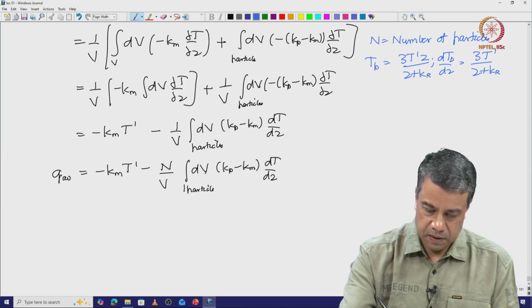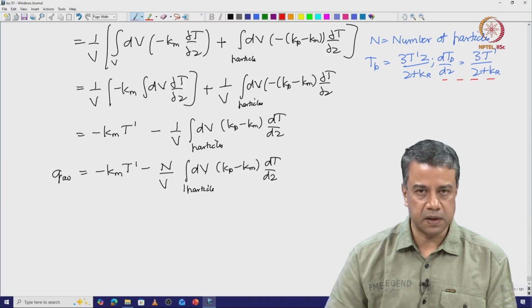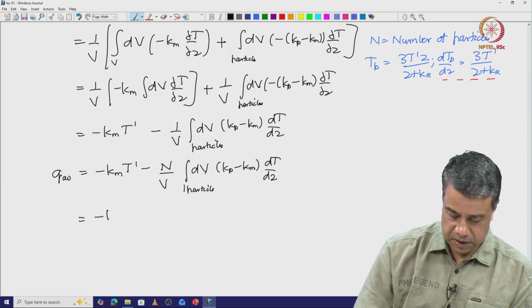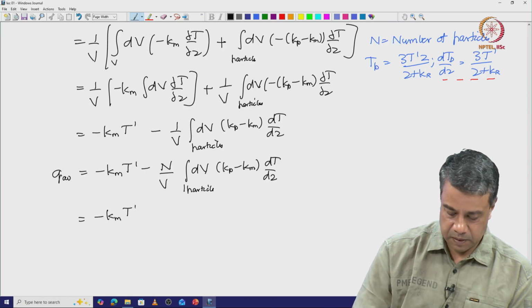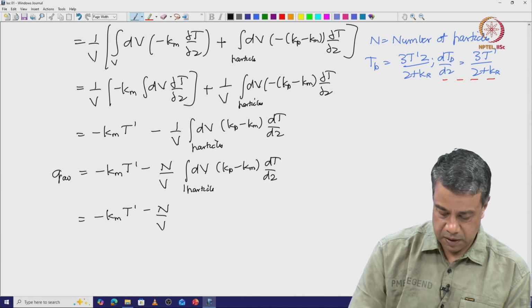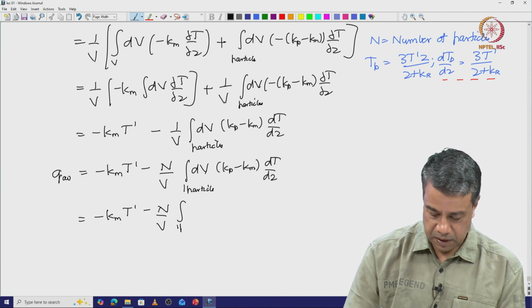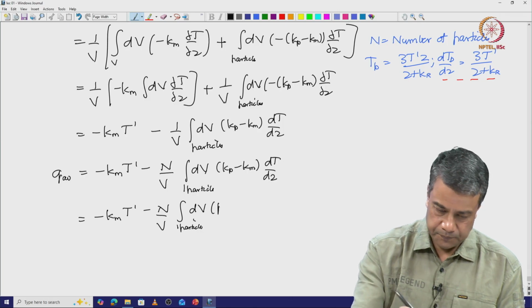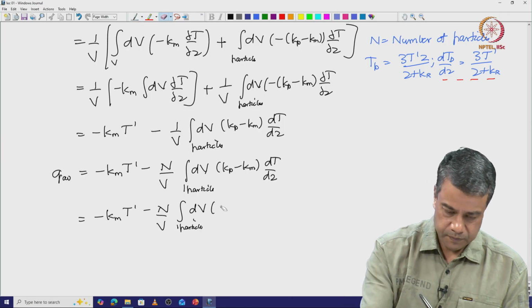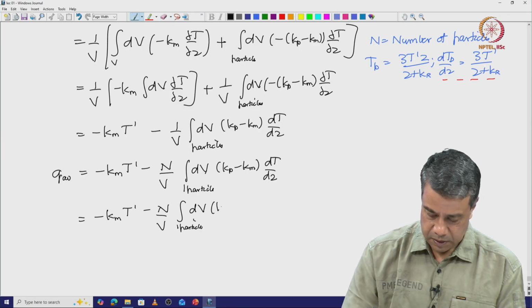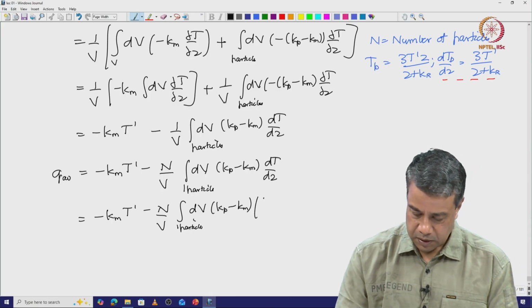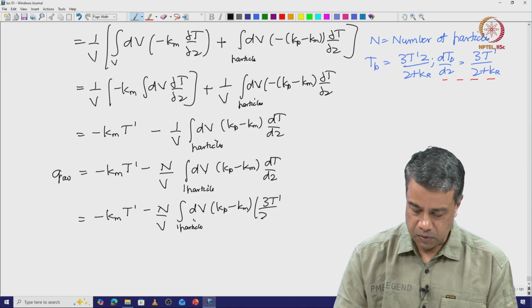So, this expression for the flux within the particle I can substitute here. It is equal to minus Km T prime minus n by V, the integral over one particle dV of Kp minus Km into 3 T prime by 2 plus Kr.